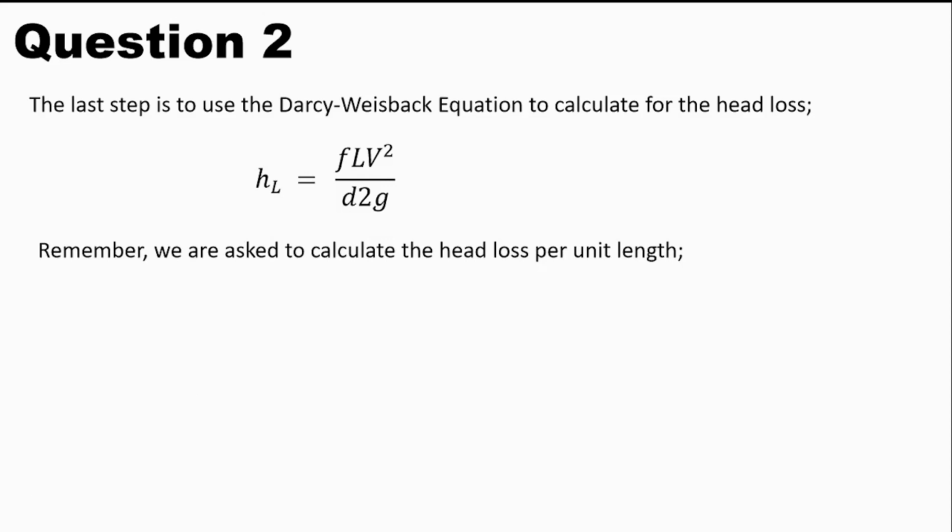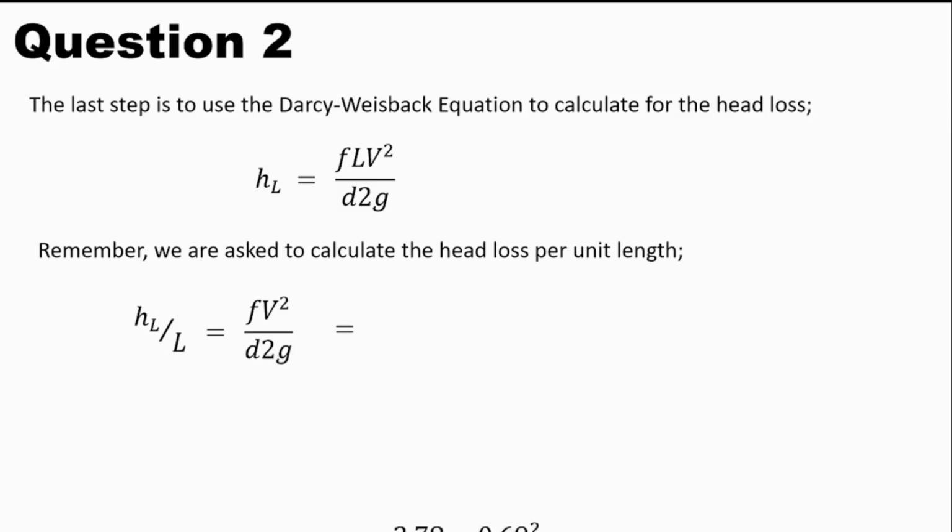So that means that we have to transpose with respect to head loss per unit length. The equation becomes head loss per unit length equal to the friction factor times velocity squared over the pipe diameter times 2 times gravity.